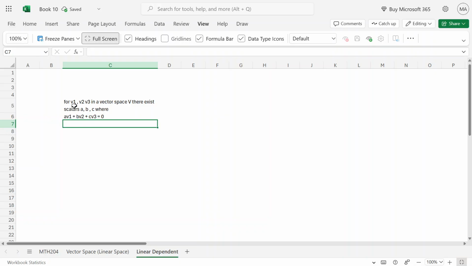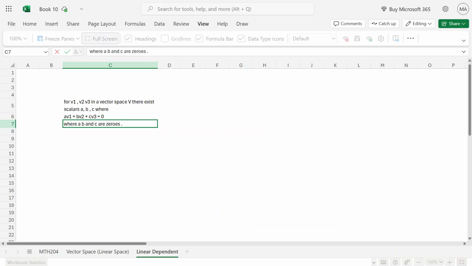So a times v1 plus b times v2 plus c times v3 equals 0, where a, b, and c are scalars.